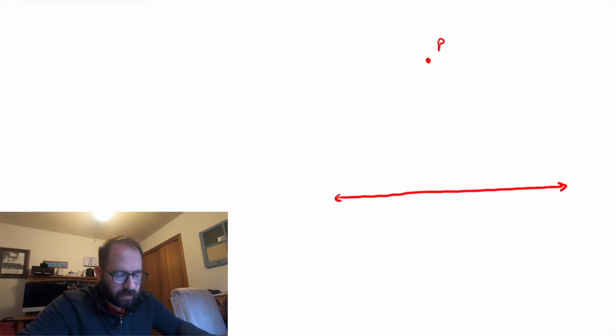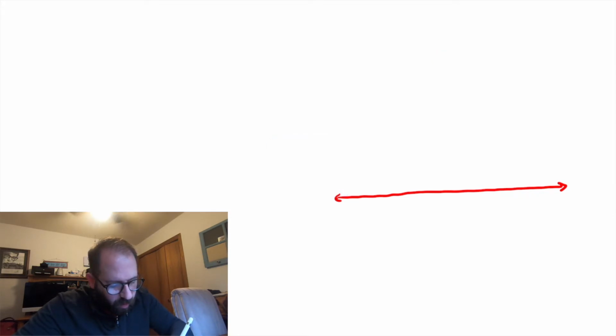I hope you're not putting the point P too far away. That can be tricky too. You want to put point P closer. Not super close, but not too far away. I don't care where you label point P. It doesn't matter if you label it the right or left side on this one.